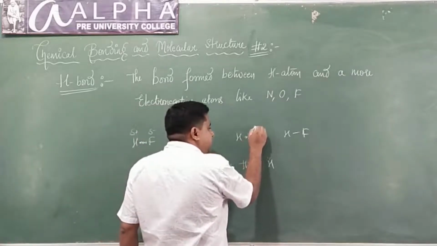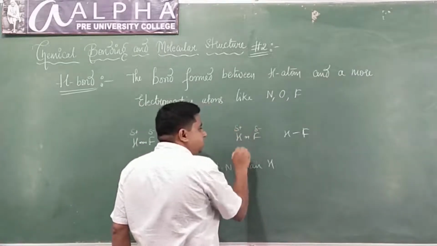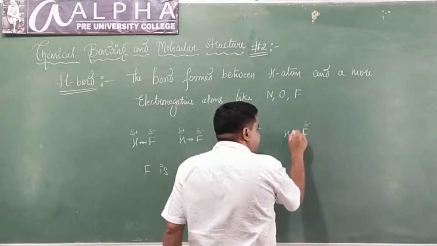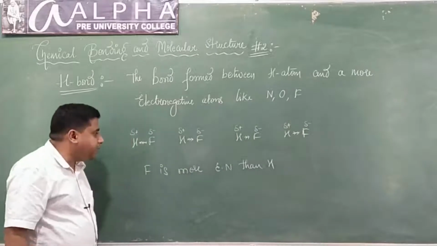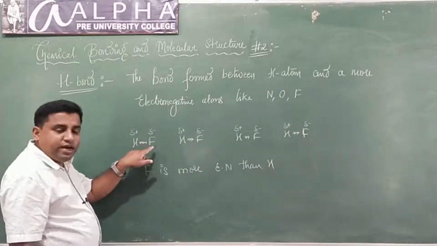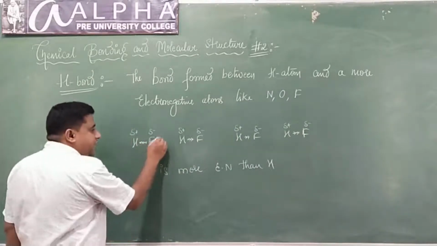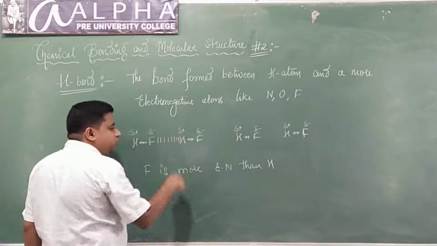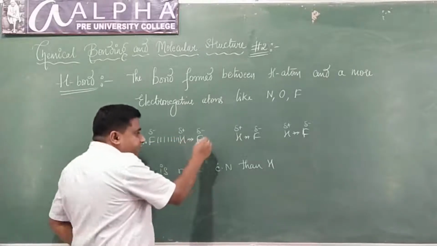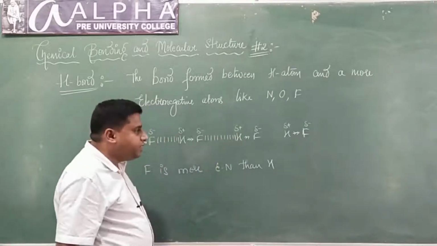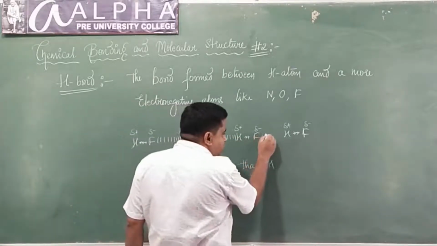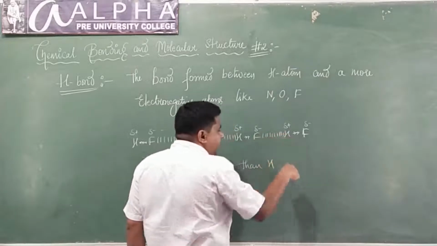Now what is going to happen? The negative end of this molecule will attract the positive end of this molecule. Same, the negative end of this molecule will attract the positive end of this molecule.